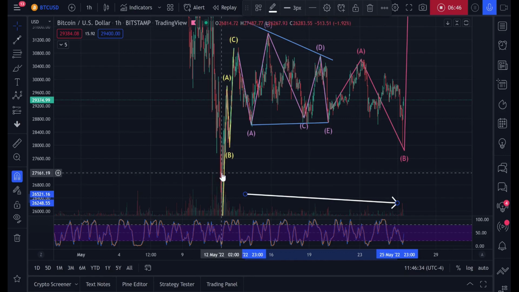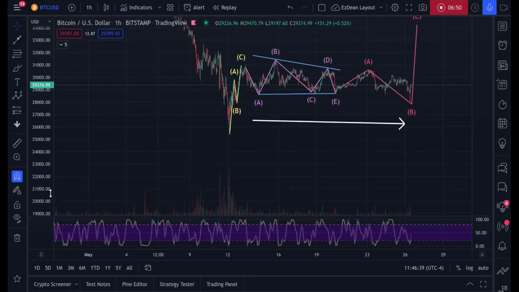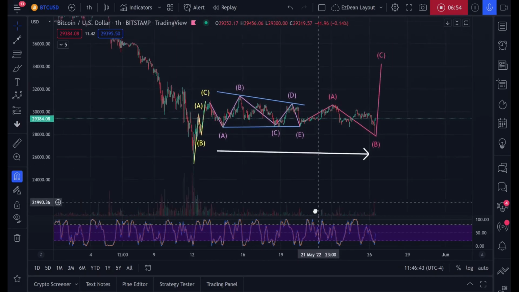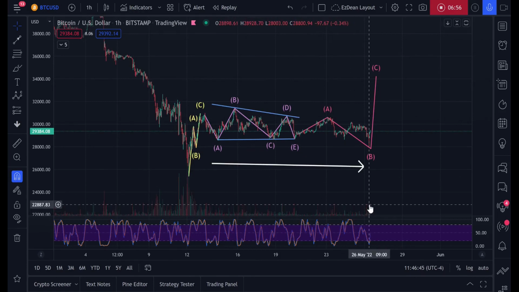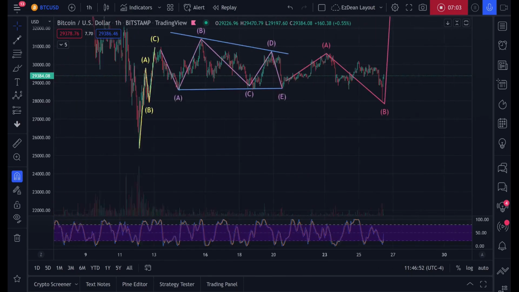You obviously got some massive volume when you put your A wave in, which is the capitulation of this entire move to the downside. However, now you're putting in a big volume candle to complete it, which is great. Okay, that's a good sign for completion of this reversal pattern.